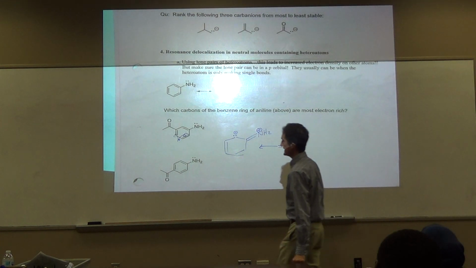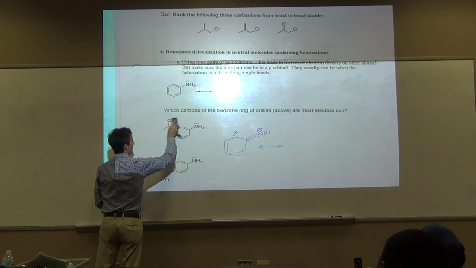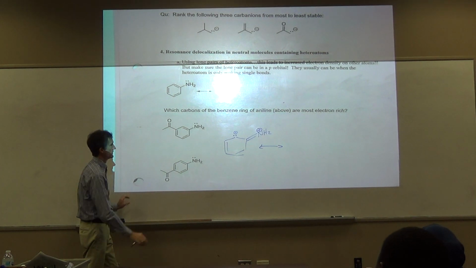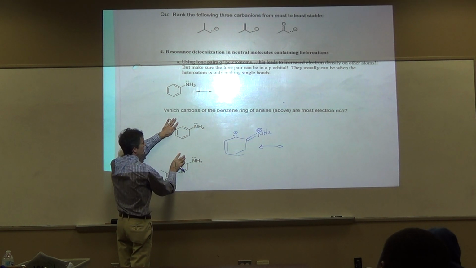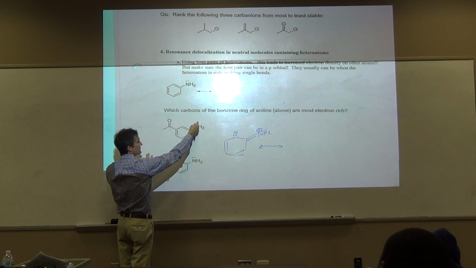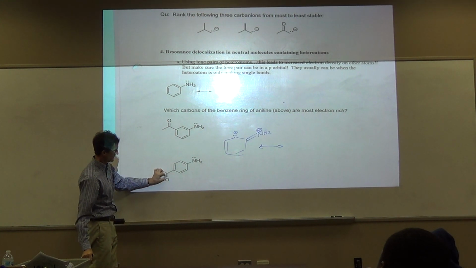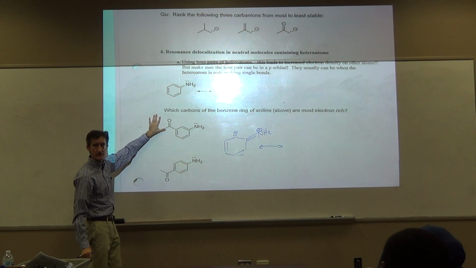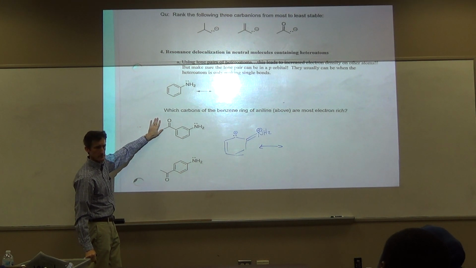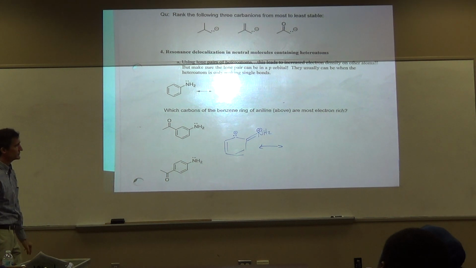We can extend this out, and what if we put other groups on the ring? We can do resonance into the ring, sort of around the ring. But can you do resonance of this lone pair into this double bond? In one case you can, in another case you cannot. You need to do this on your own, draw resonance structures, and then ask the question below.